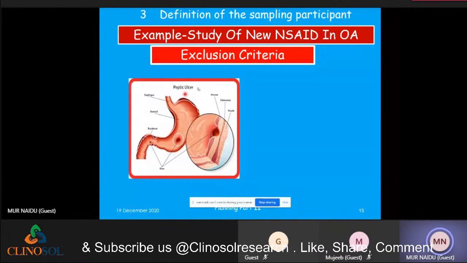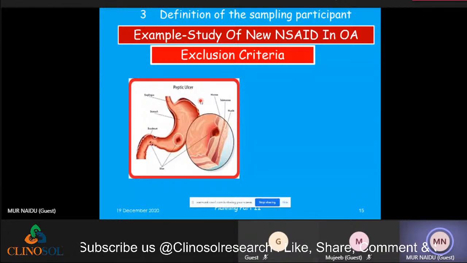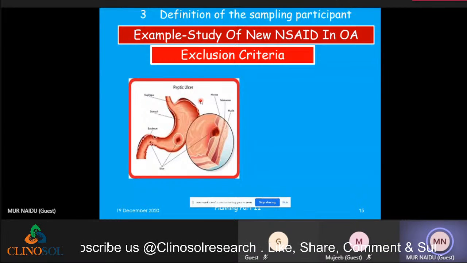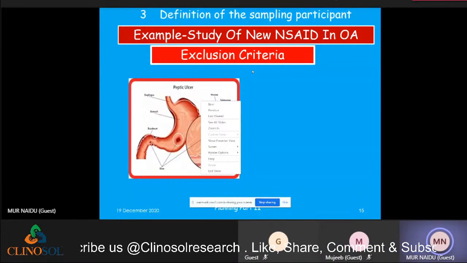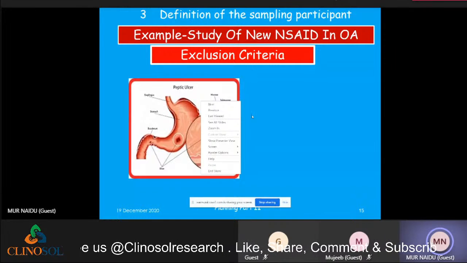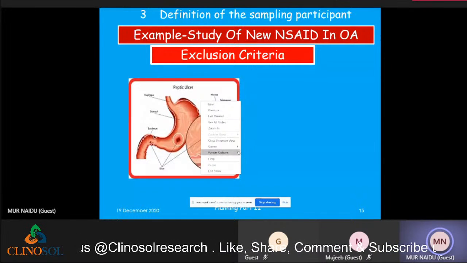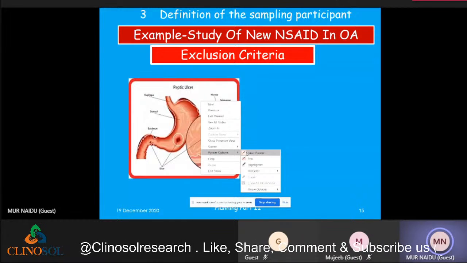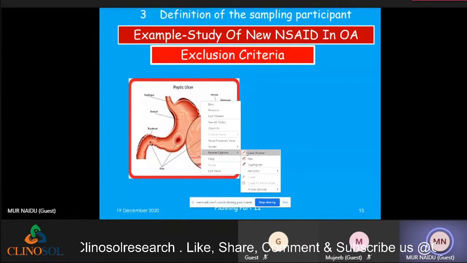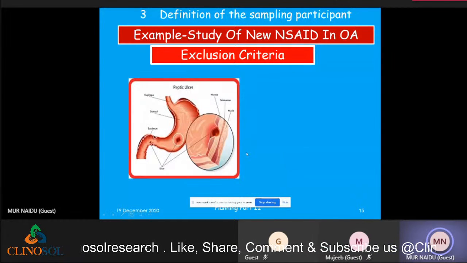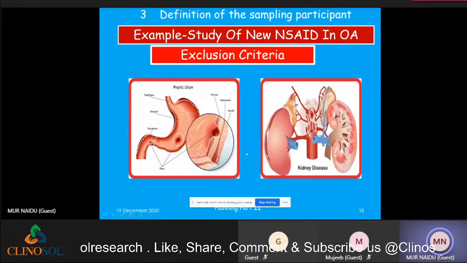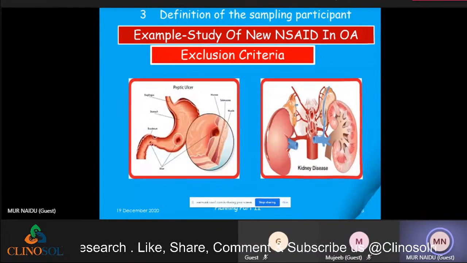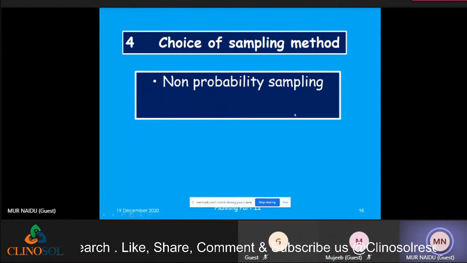Any patient who is giving a history of peptic ulcer or gastritis, I have to mention I will not include into the trial. The second thing I am looking for is whether there is a renal problem in the patient.